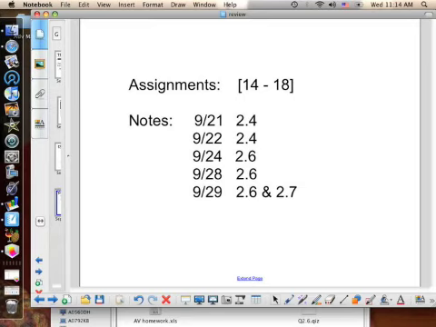That's 5 assignments. And for the notes, I have 5 days worth of notes. On this last day, yesterday we finished section 2.6 and started section 2.7, but it's 1 day of notes.